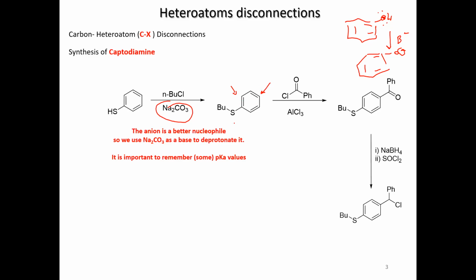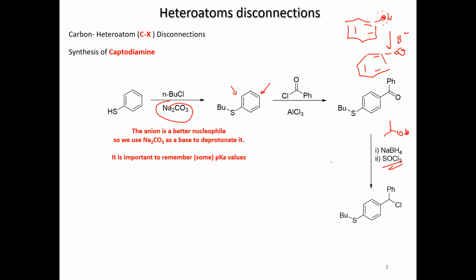Then you reduce this one down to alcohol, let's say with sodium borohydride, and then remember some very good chlorinating agents, thionyl chloride, but can you name other compounds that you can use to chlorinate something?